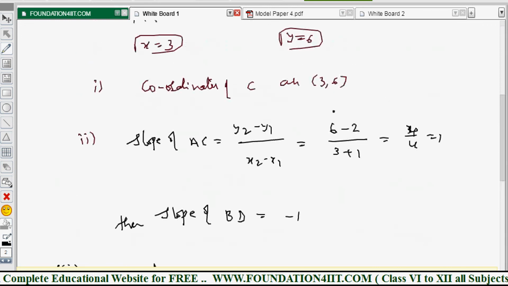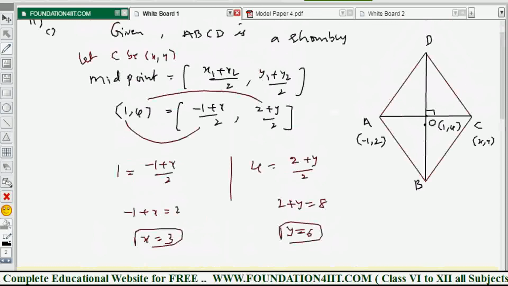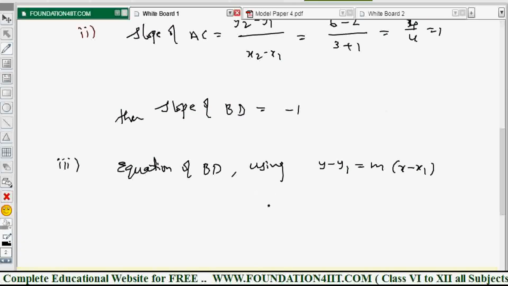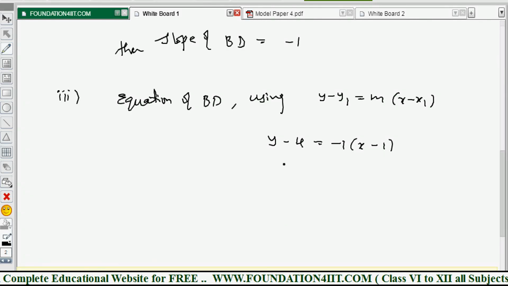BD slope is minus 1 and it passes through (1, 4), so x1, y1 is (1, 4). Then y minus 4 is equal to minus 1 into x minus 1. Simplifying, y minus 4 is equal to minus x plus 1, so x plus y is equal to 5.